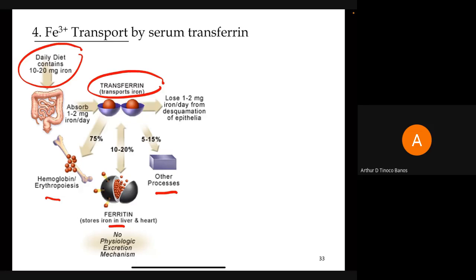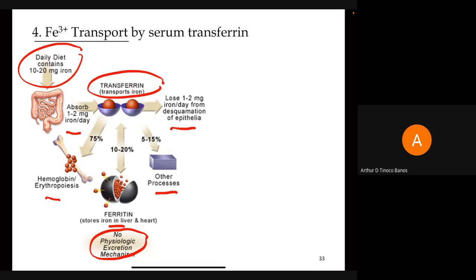What we observe typically is a balance between how much iron is absorbed and how much iron is released from our bodies. I will say that there is no true physiological excretion method for the metal. The typical manner in which iron is released from our body is our skin shedding. If you scratch your skin, you're going to lose some iron in that process.